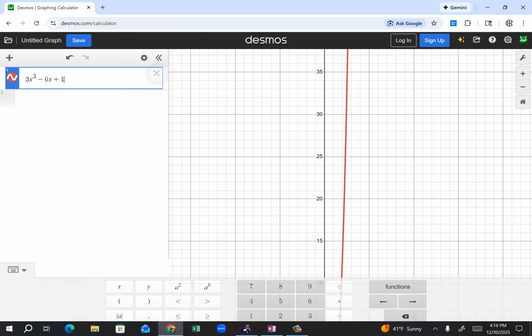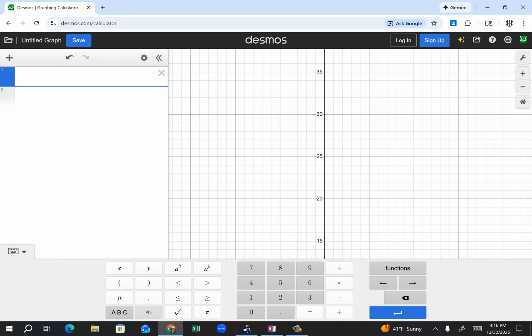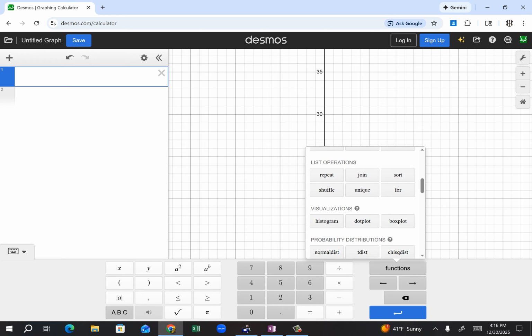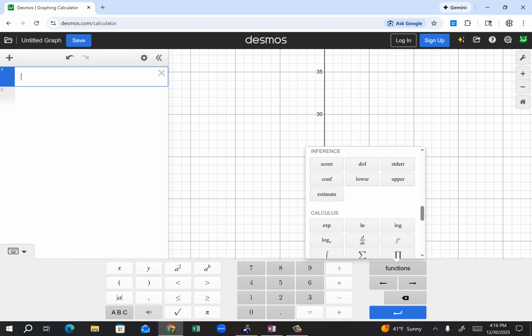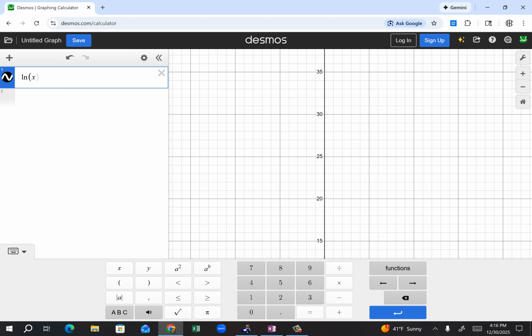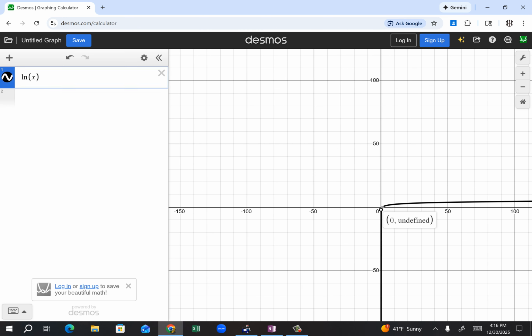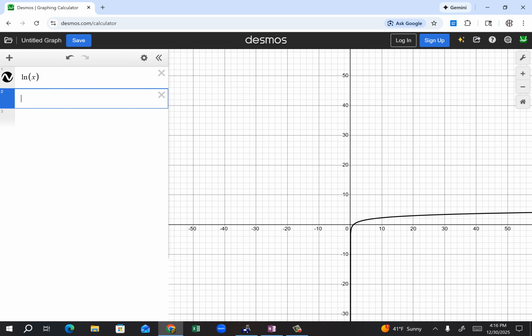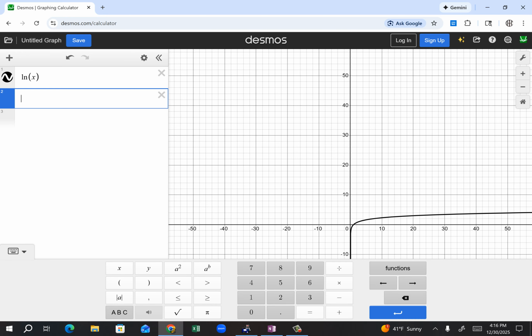Let's graph it. Nice, there he is. I want the point 0.5, 0.